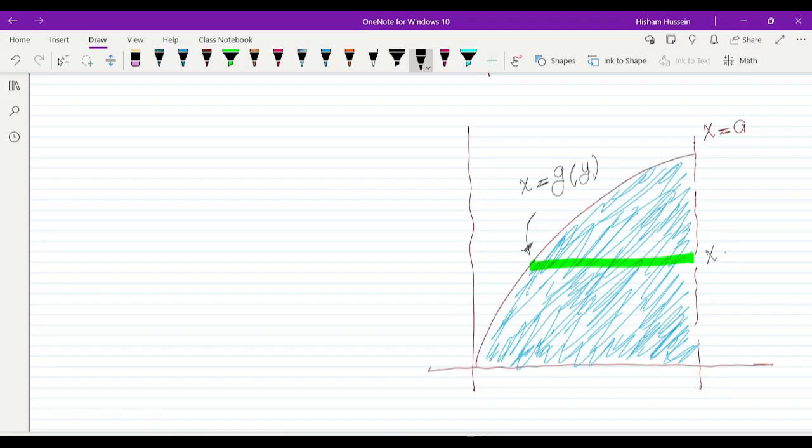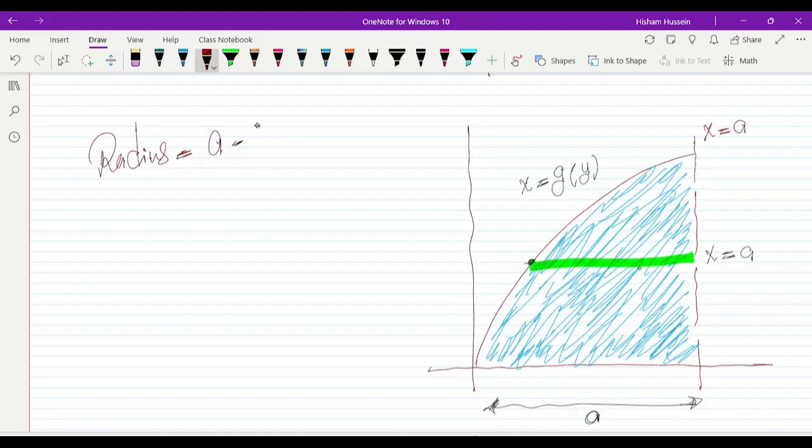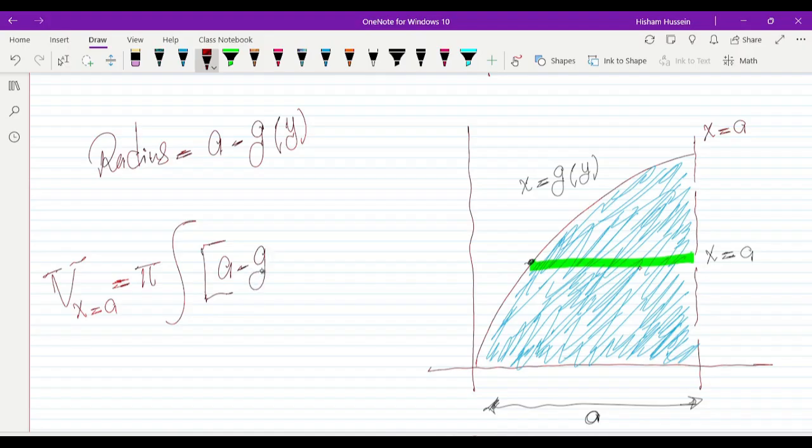Here x equals a, which means that the radius is a minus x, which is a minus g of y. So the volume resulting from rotation about x equals a equals pi times the integral of a minus g of y squared dy.